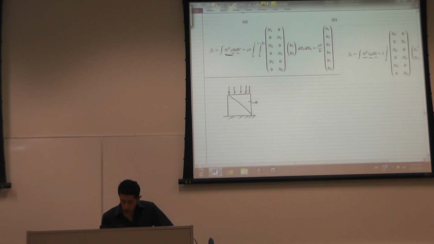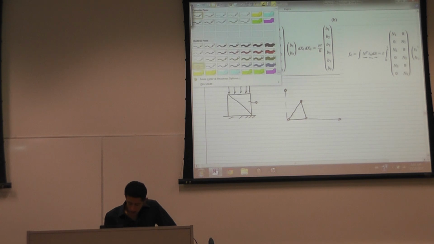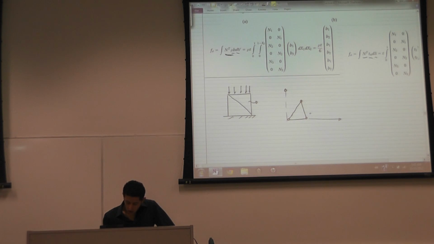The constant strain triangle deforms such that it keeps its sides straight. So if this is the original shape, after deformation, it has to keep its sides straight. So the deformed shape of a constant strain triangle looks like this.